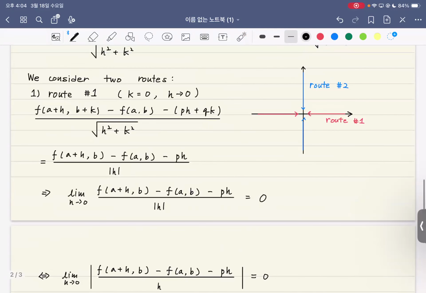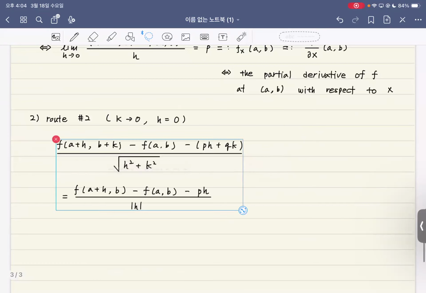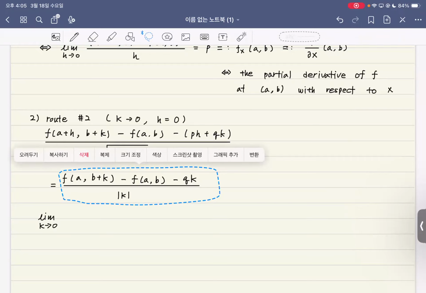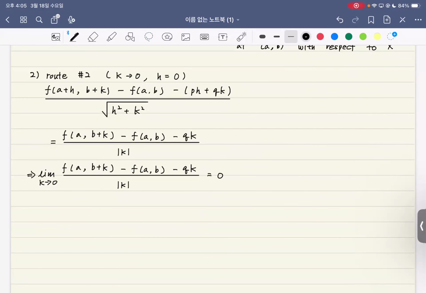Because of the same reason, using the same analysis, now h equals 0 and (b plus k), and not ph but minus qk with absolute value of k, and as k is tending to 0, we require that this limit also equals 0.